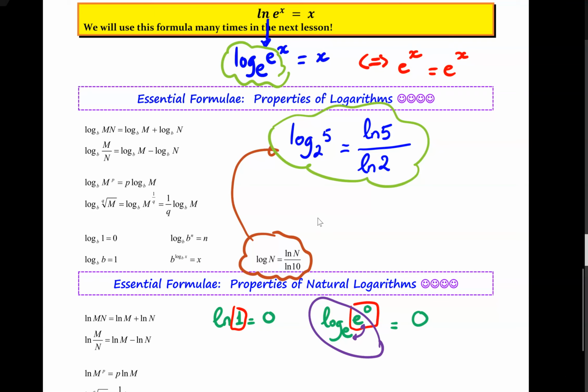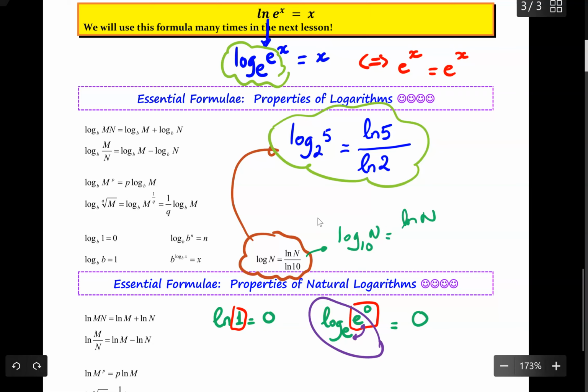If you translate these formulas, you see that it's log to the base 10 of n, and here I will take ln of n and divide it by ln of 10. In this case, I have the base 2, and 5 is my argument.